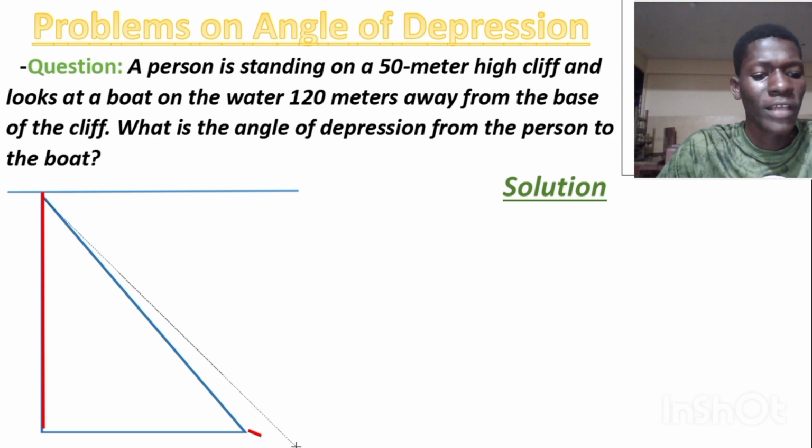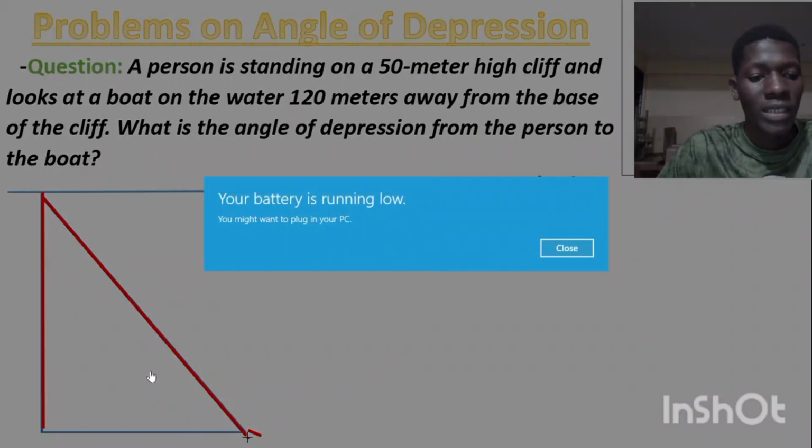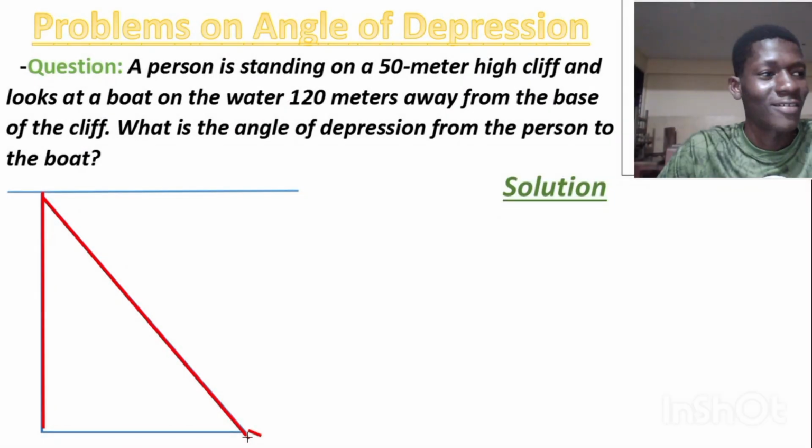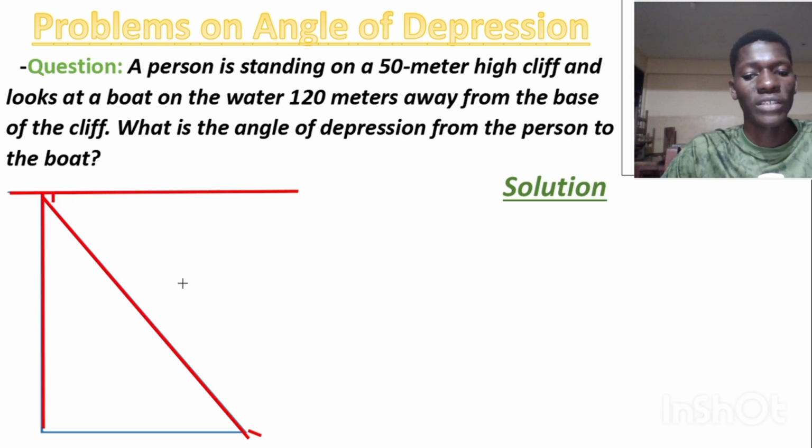This is the line that connects the person's eye to the boat, and this is the horizontal line that passes through the person's eye. The angle that forms between the line of sight and the horizontal line, this angle here, is the angle of depression.